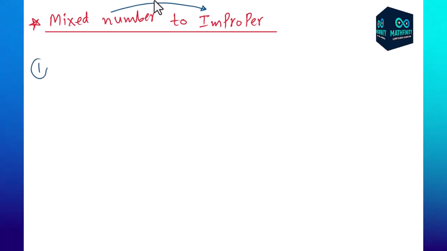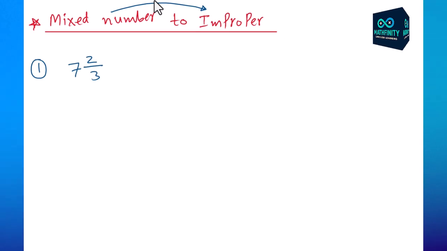I will give you also two examples. Number one, 7 whole 2 over 3. Suppose we have this mixed number 7 whole 2 over 3 and we need to convert this into improper.